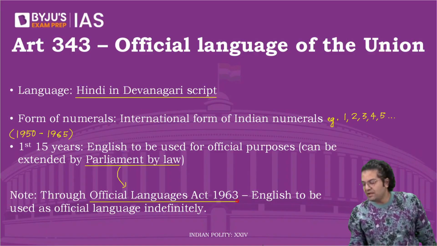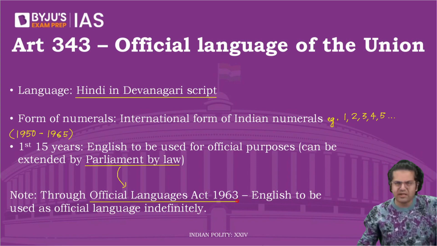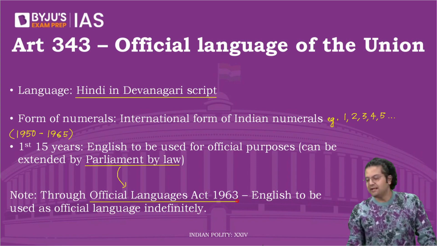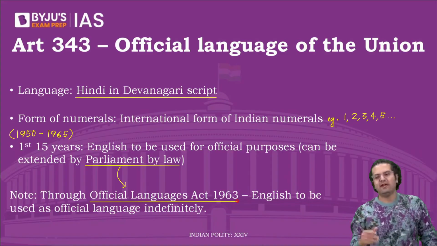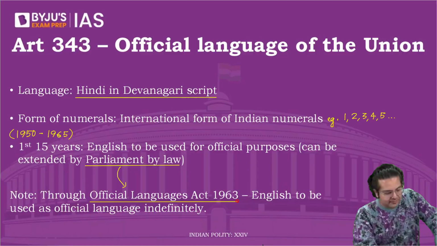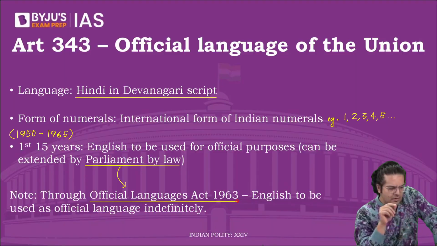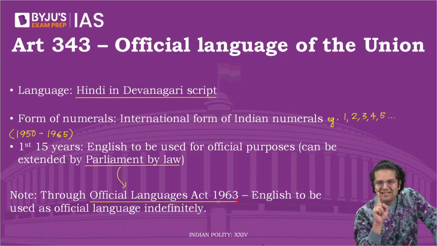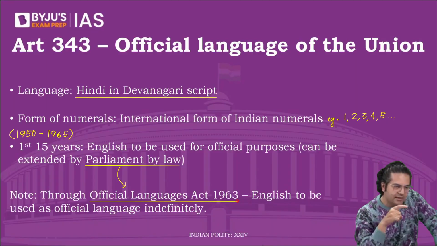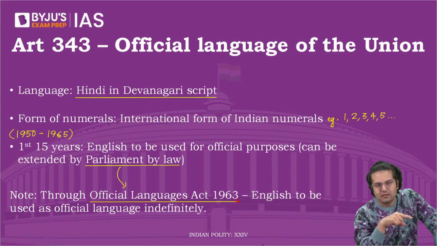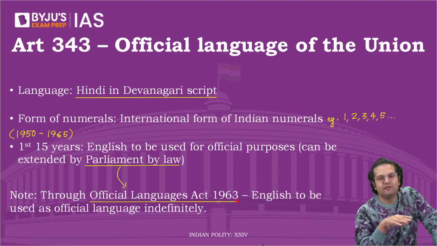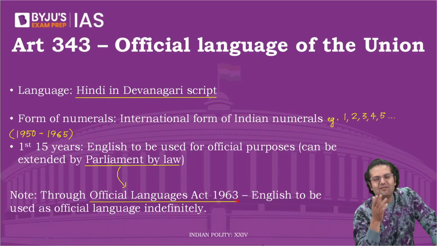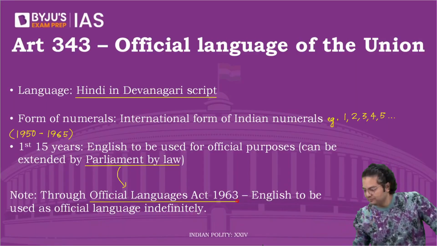Now, can we replace the use of English? Yes, we can. In 1967, the Official Languages Act was modified to add a clause that only when non-Hindi speaking states pass a resolution in their legislature to allow the use of Hindi and remove the use of English, will the use of English be stopped.